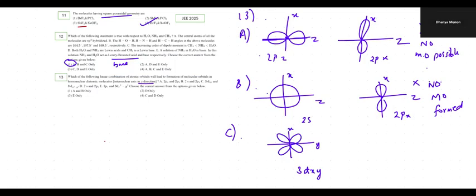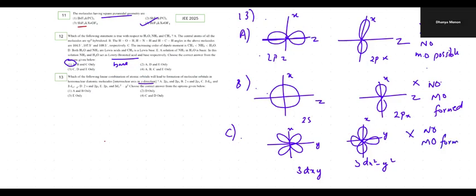And in 3dx square minus y square, this is x and this is y, and it is along the axis like this. So the double dumbbell shape looks like this. So this is also not possible. No molecular orbitals are formed.